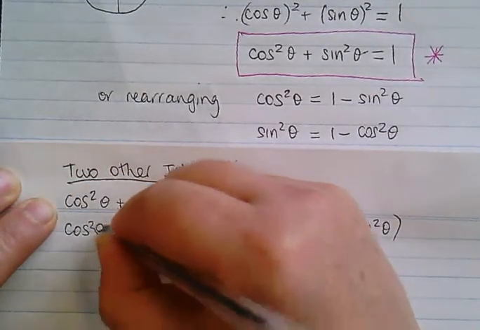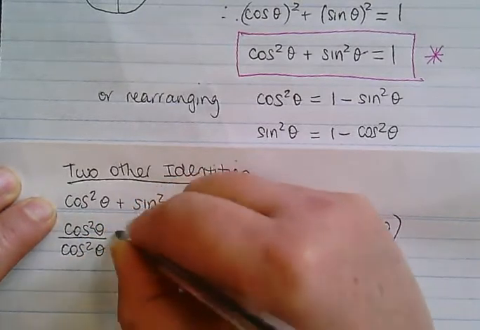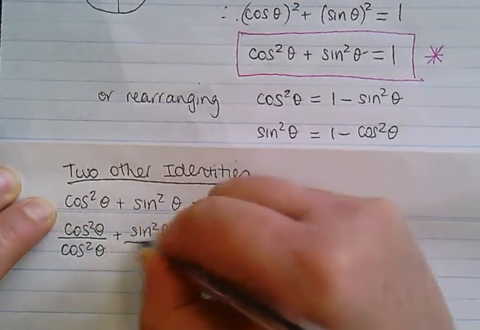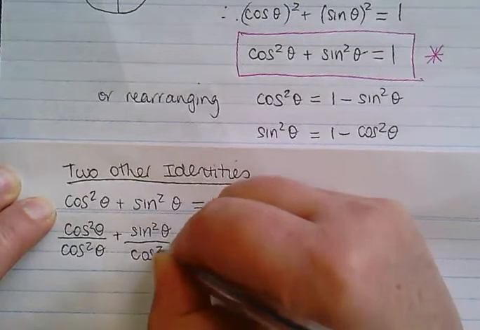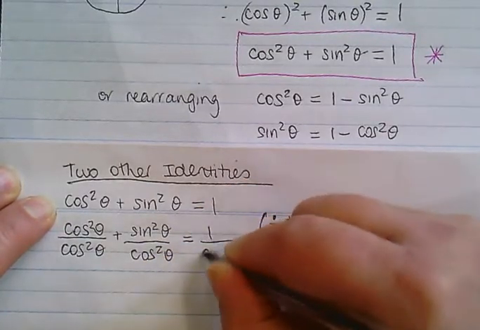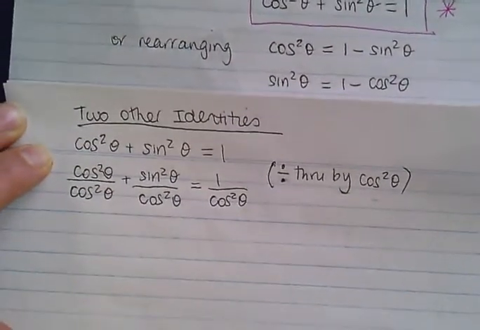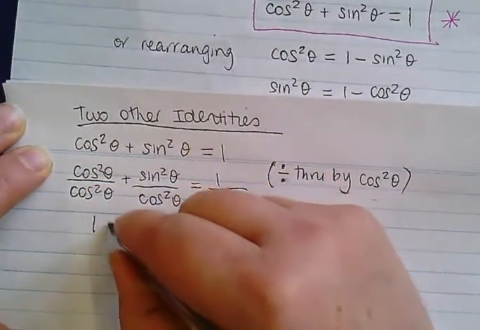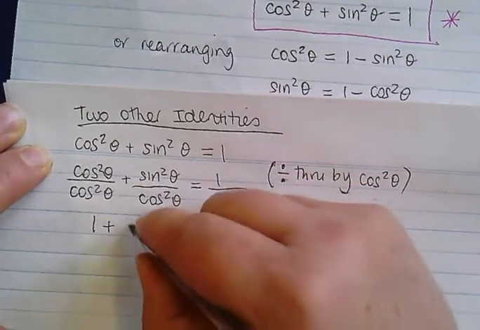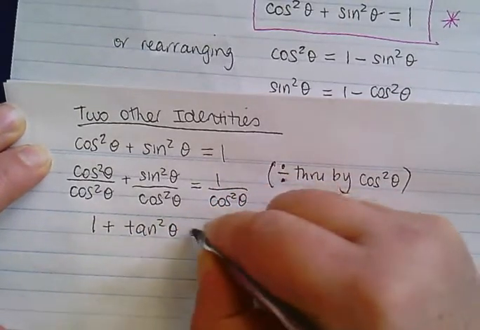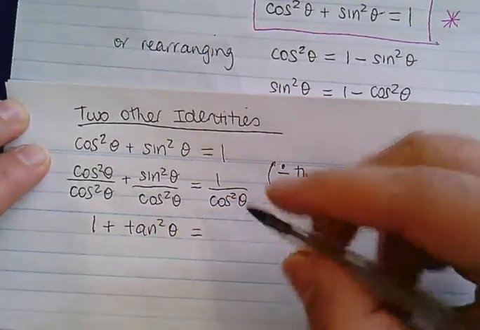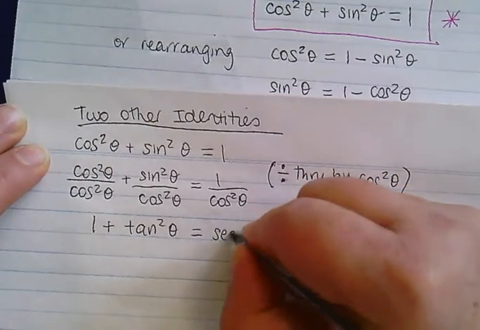I've got cos squared theta over cos squared theta plus sine squared theta over cos squared theta equals 1 over cos squared theta. Now, what is cos on cos? 1. Plus sine on cos is tan squared theta. 1 on cos is sec.